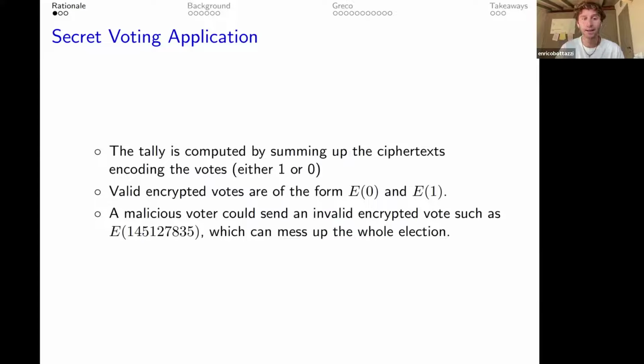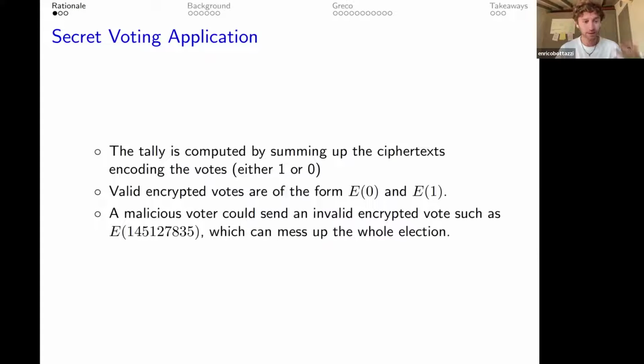And we expect a valid ciphertext to be a form of encryption of 0 or encryption of 1. And of course, you know that when it comes to FHE, even if many people submit the same encrypted vote, encryption of 0 for example, the ciphertext will always look different.